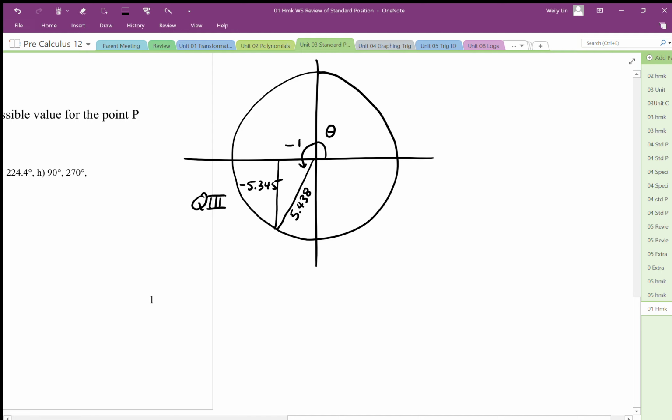So there is my hypotenuse, so I can define my sine theta.